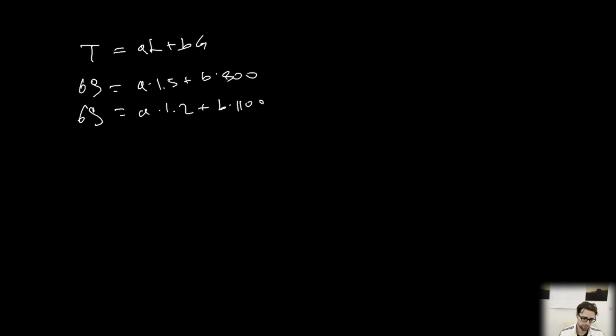One way is, let's subtract the 2, equalize, see what's up, and you get 0.3a is equal to 300b. And then what does that give us? Well, a is equal to 1000b. So now they're roughly in the same order of magnitude.